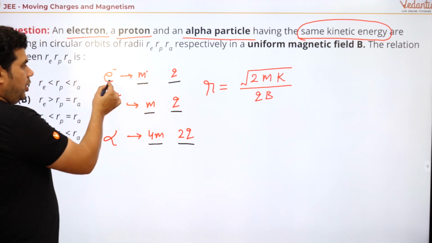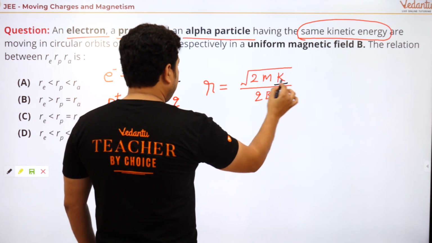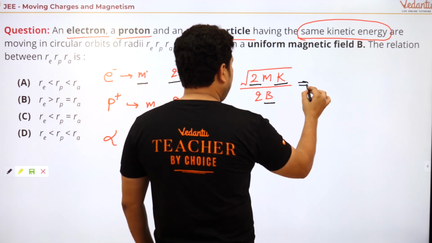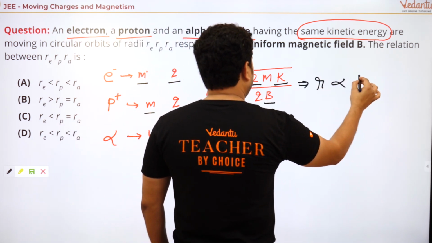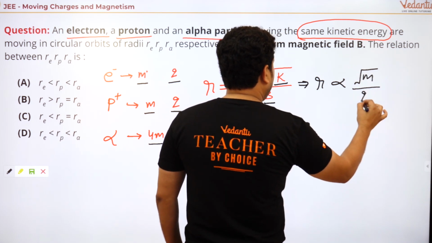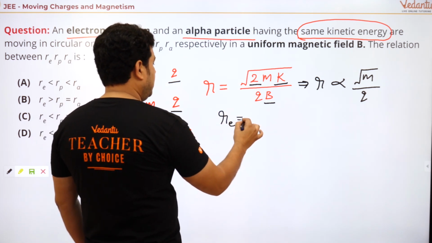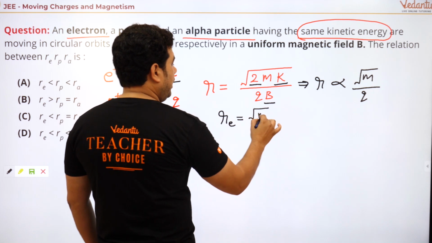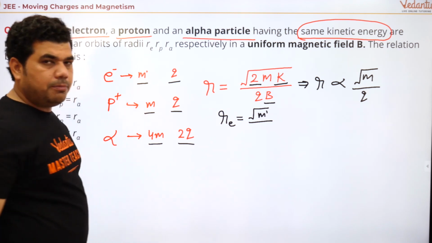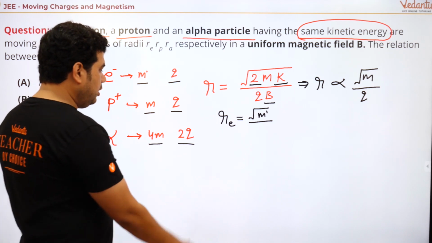Here kinetic energy is the same, 2 is the same, B is the same. So we can say that the radius is directly proportional to root of m divided by q. For the electron, root of m dash is very, very small as compared to the mass of the proton and alpha particle. For the proton, root m divided by charge q.